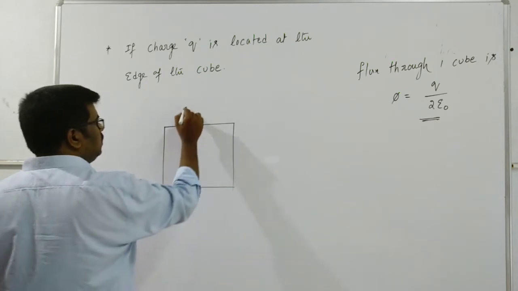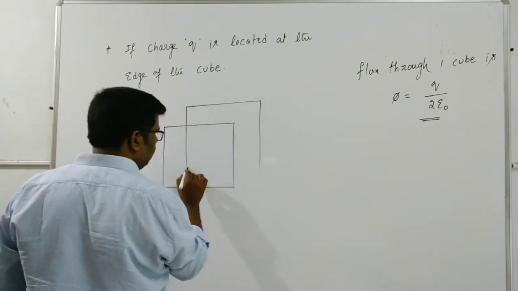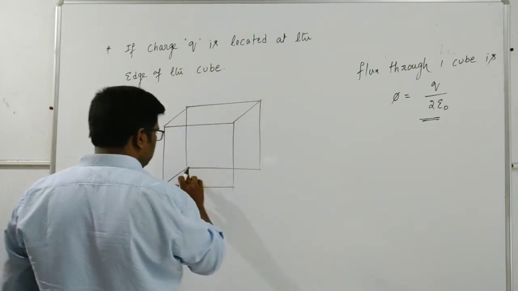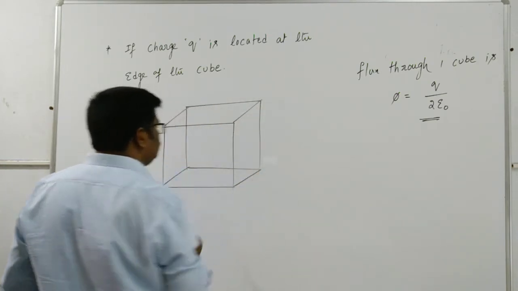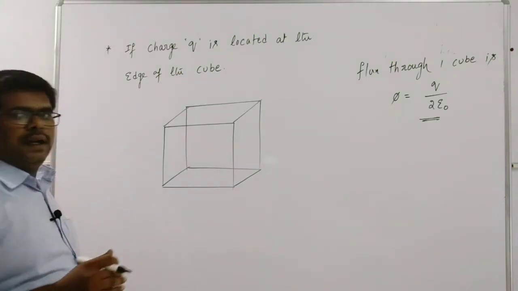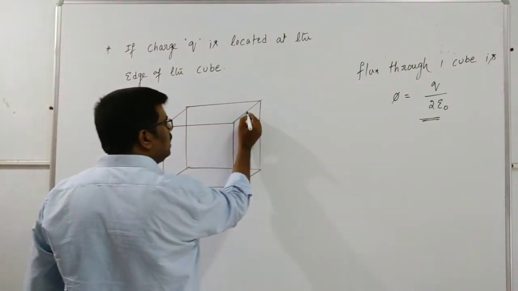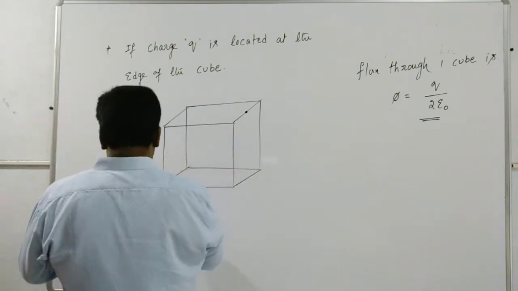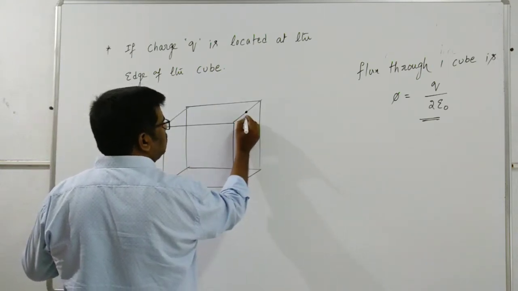You can have a cube like this. Then if I place a charge exactly at the edge of this cube, like this here, I located the charge at the cube here.